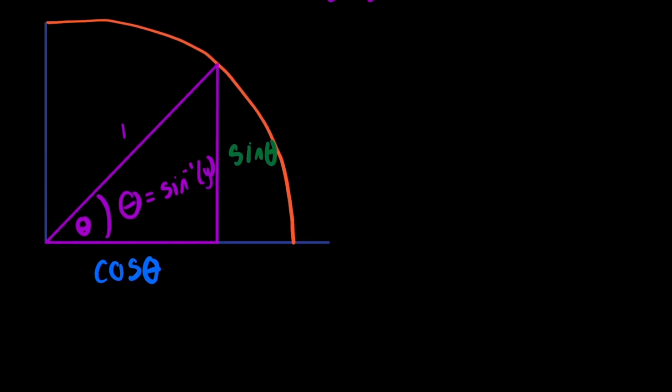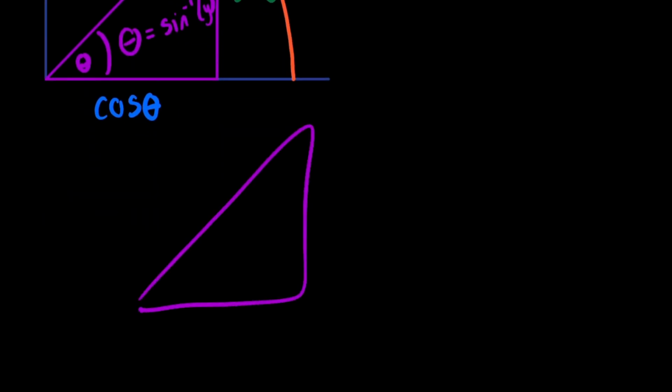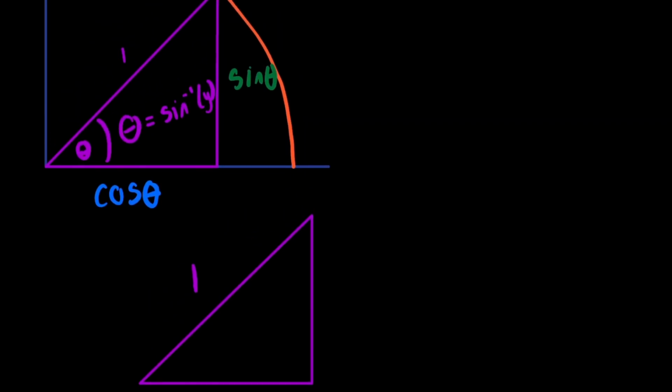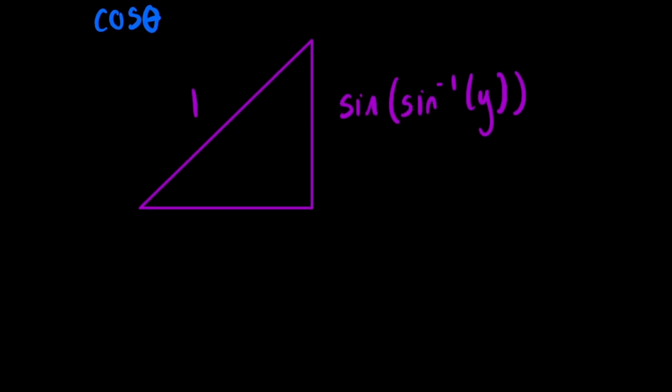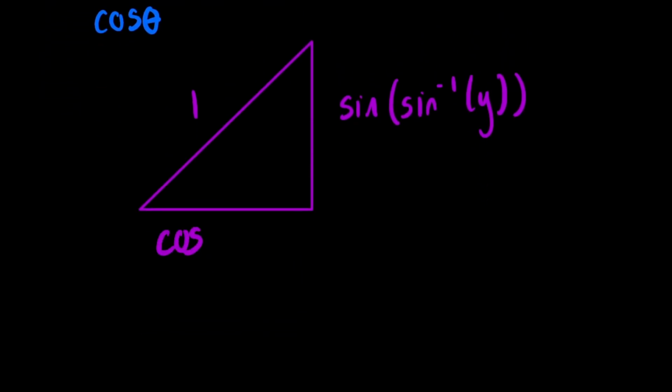So now we know that our sides, if we draw another triangle here, are 1, and then sine of theta, which we know that theta is inverse sine of y, so sine of inverse sine of y, and then our bottom side is cosine theta, and again we know our theta is inverse sine of y, so cosine of inverse sine of y.